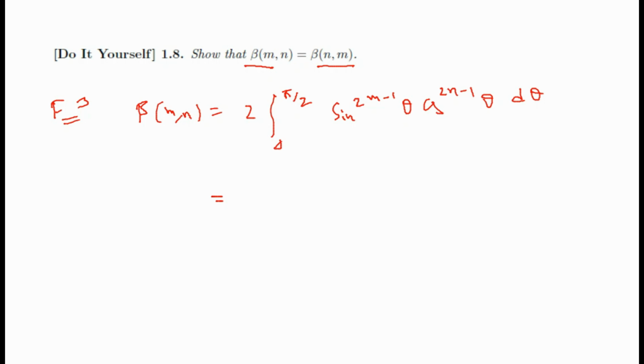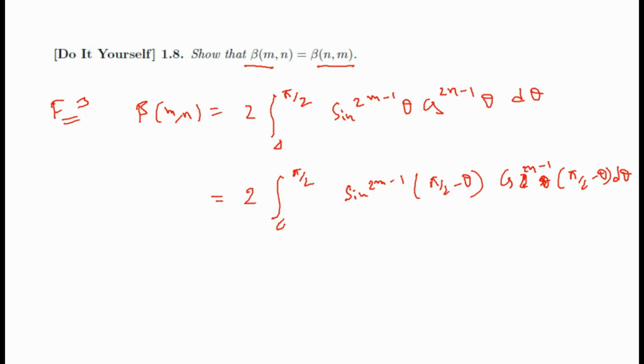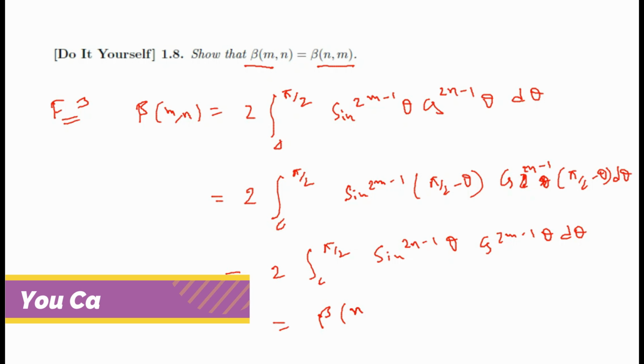And here you can write this as 0 to pi by 2 sine 2m minus 1 (pi by 2 minus theta) cos 2n minus 1 (pi by 2 minus theta) d theta, and you can use that result and ultimately you will get 0 to pi by 2 sine to the power 2n minus 1 theta cos to the power 2m minus 1 theta d theta, and this is beta(n,m).